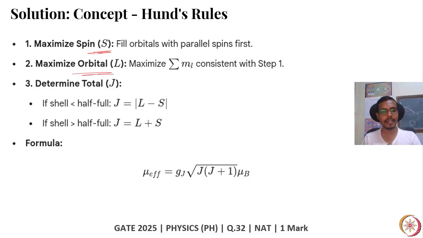If the shell is less than half full, J is L minus S. If it is more than half full, J is L plus S. And finally, the magnetic moment depends on J, and if J turns out to be 0, the magnetic moment would be 0, but we will see it soon.